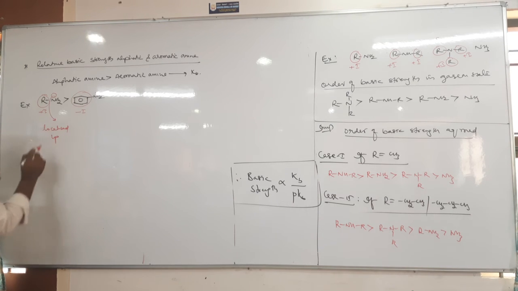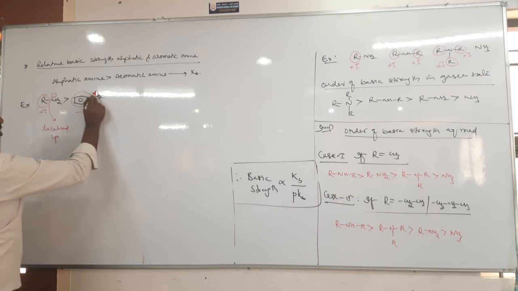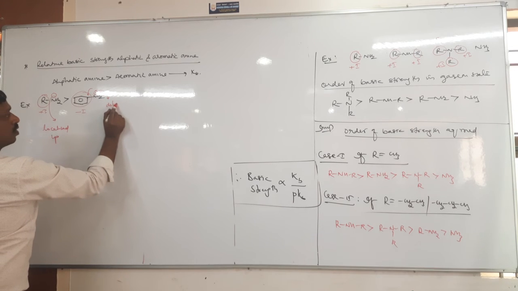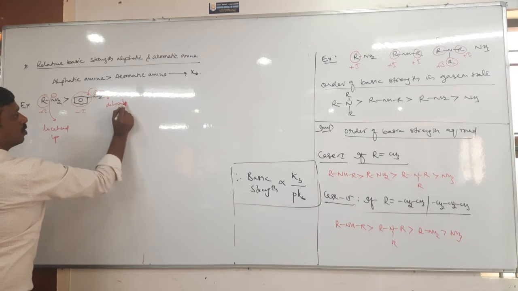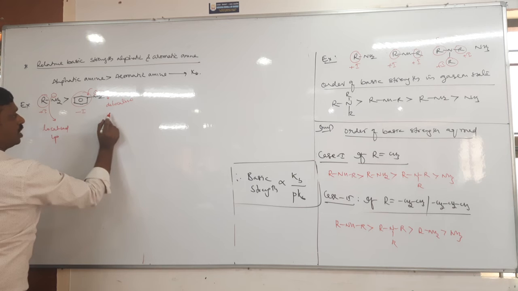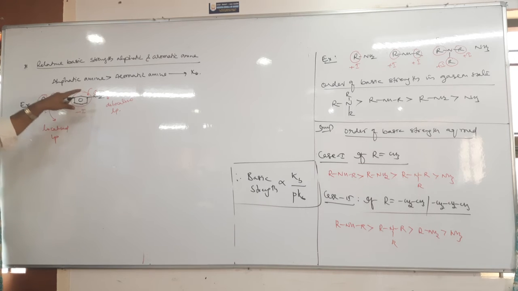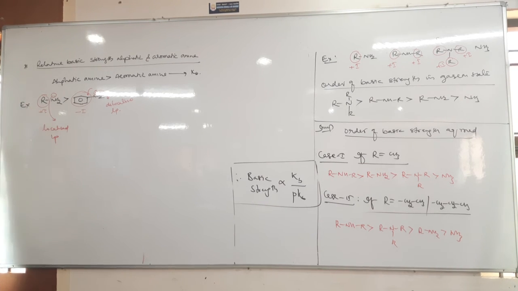Then what about this? These are involved in resonance, right? That means they are delocalized lone pairs. So both have a lone pair; in this case it is delocalized, here it is localized. Therefore this is more basic.